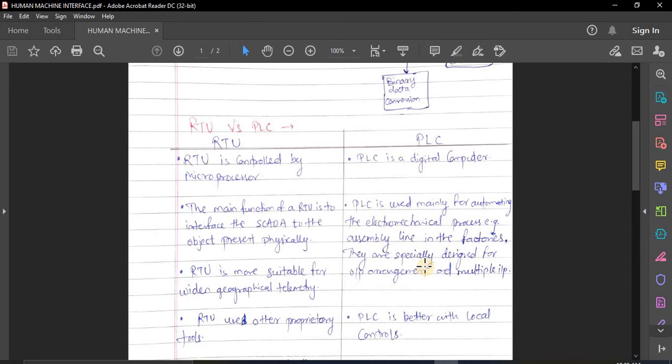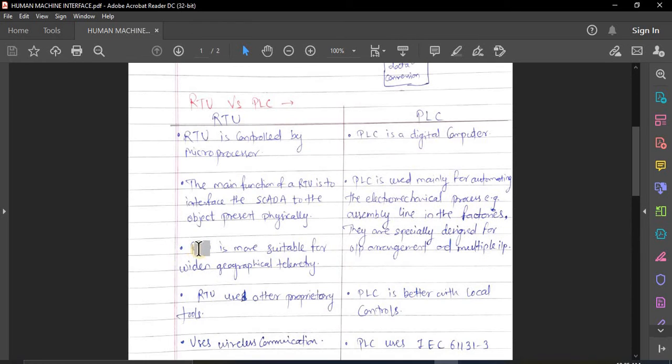RTU is more suitable for wide geographical telemetry. If you want to collect data from a geographical area hundreds of kilometers wide, you need an RTU for that.